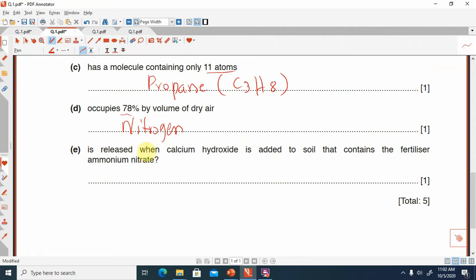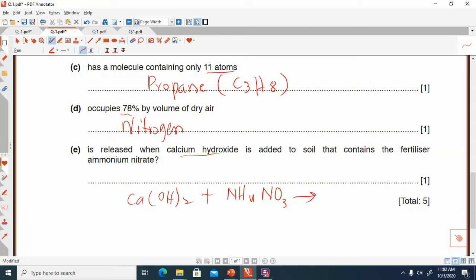Now the last one is that which gas is released when calcium hydroxide, like this is the calcium hydroxide, is added to the soil that contains a fertilizer like ammonium nitrate, that is NH4NO3, ammonium nitrate.